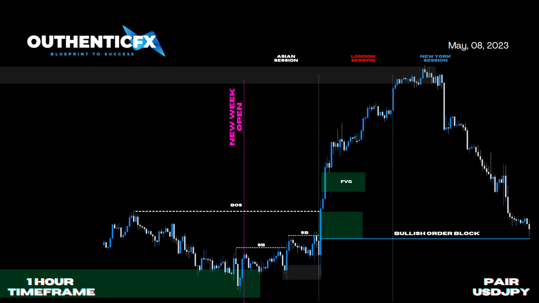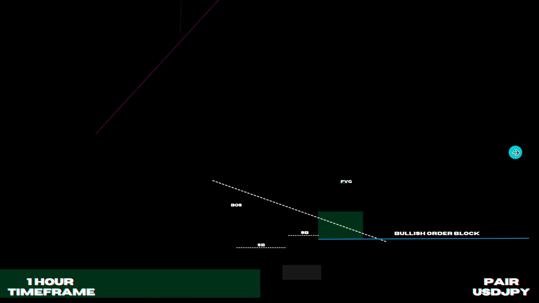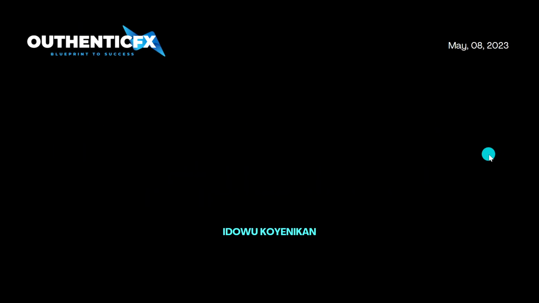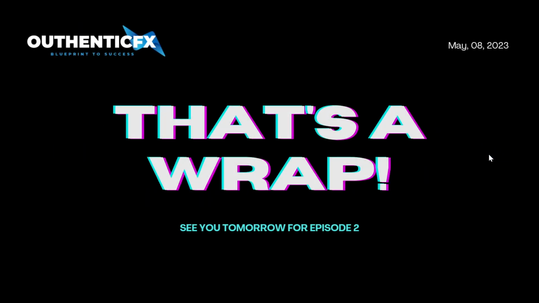Just a few notes that I want you guys to remember: mark up your short-term highs and your short-term lows, and always know that price will eventually gravitate to take them out.